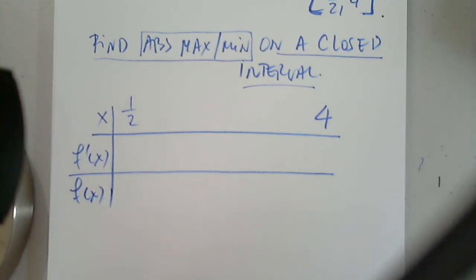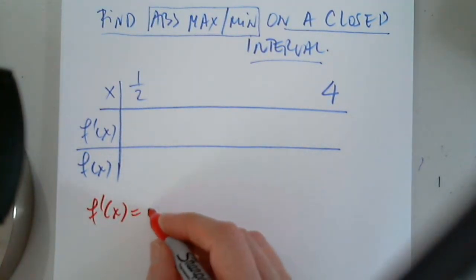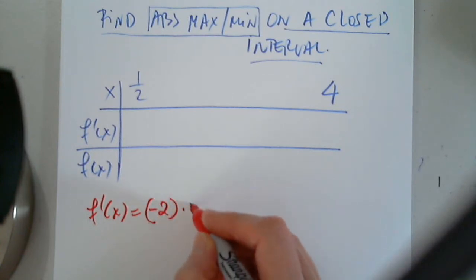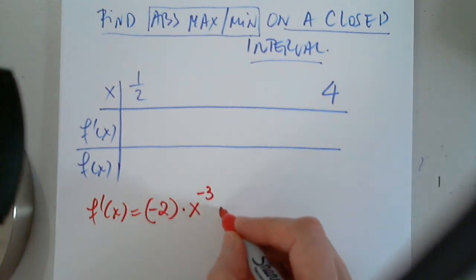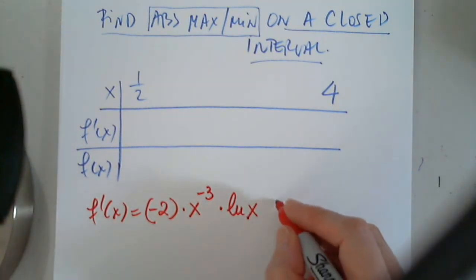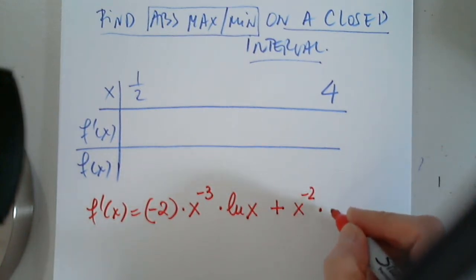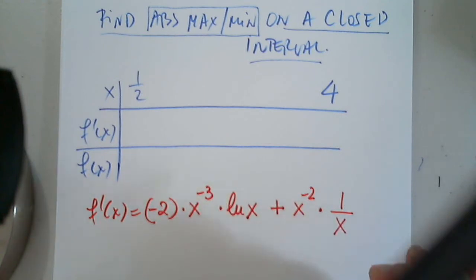So, where is my starting point? What do I have to do first? On the derivative? Of course. So f prime of x: x to -2 prime is -2 times x to -3 and multiply by the natural log. It's a product, please, plus x to negative 2 times the second function prime, which is 1 over x.